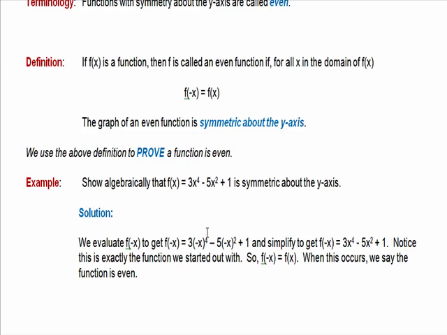Now we know enough math to know that when I raise a negative to an even power, the negative will be multiplied out and become positive. And so I end up learning that f(-x) is 3x to the fourth minus 5x squared plus 1, which hopefully we notice is the exact function we started with. Since that's the case, we say that f(-x) equals f(x), and when this occurs, we would then say the function is even.